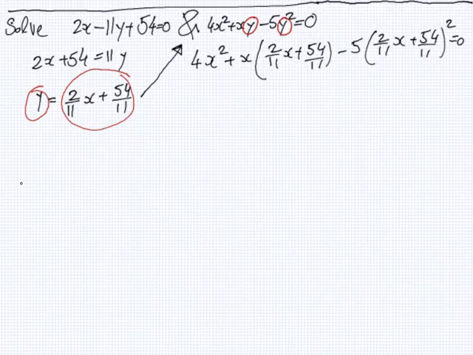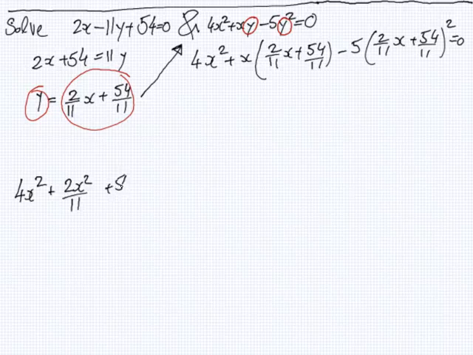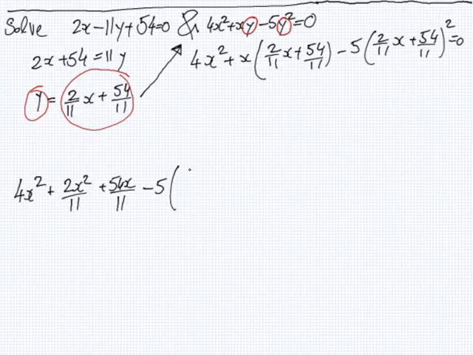Right, let's see what we get. 4x squared plus 2x squared over 11 plus 54x over 11 minus 5 bracket 4 over 121 x squared. Now hang on, let me think.